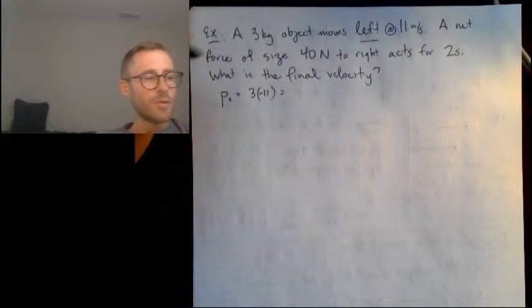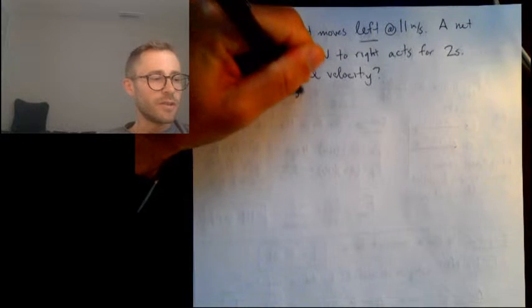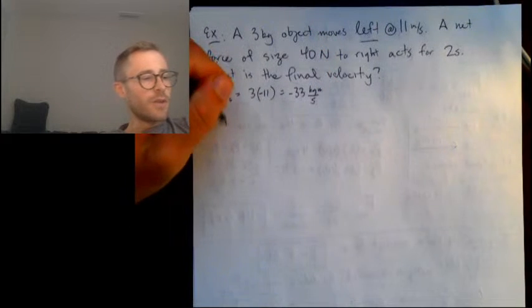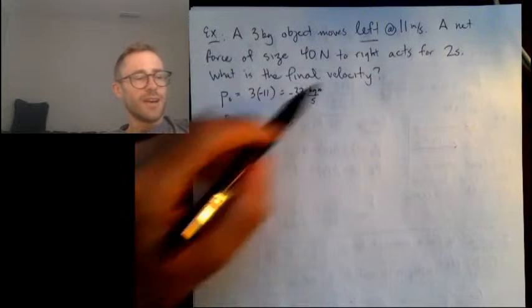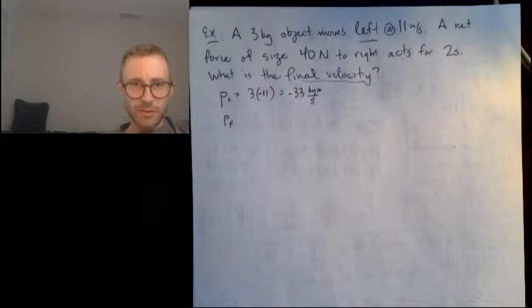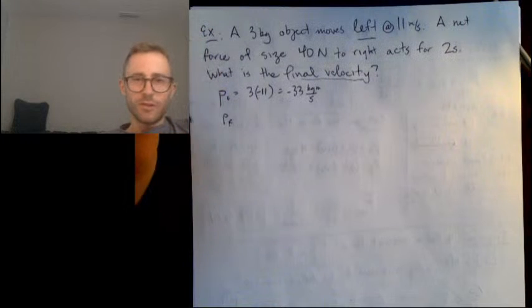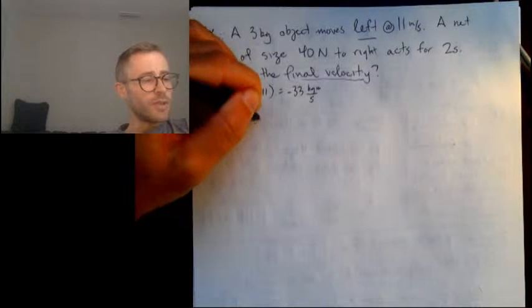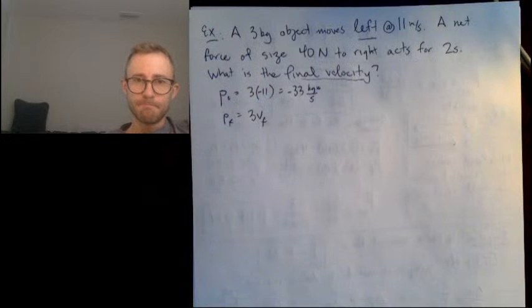That is an initial momentum of negative 33 kilogram meters per second. The final momentum, well, I'm trying to calculate the final velocity, so I don't know it. For that reason, I'm just going to leave the final velocity as a variable and say 3 v final.